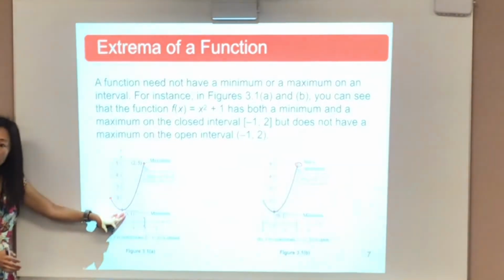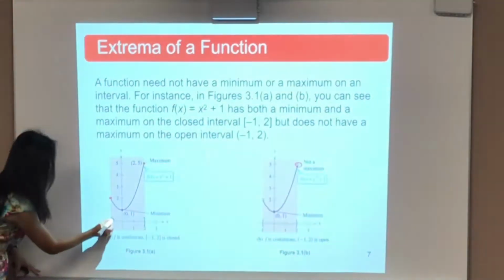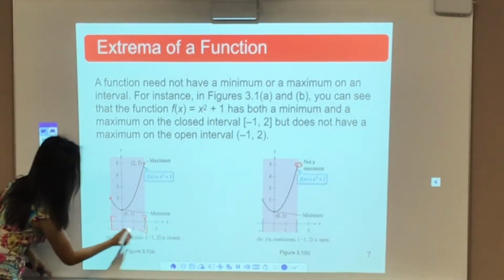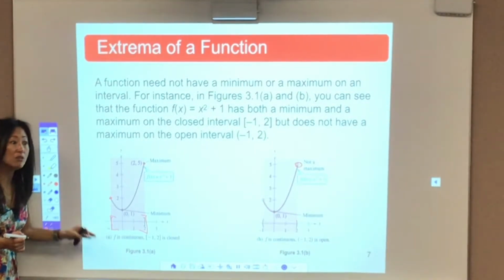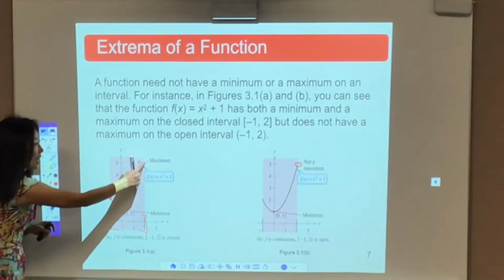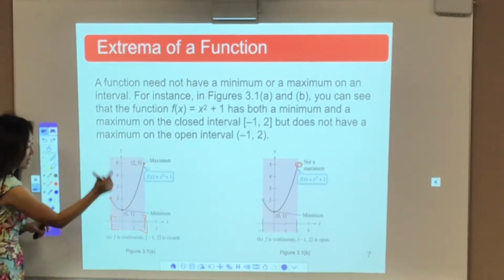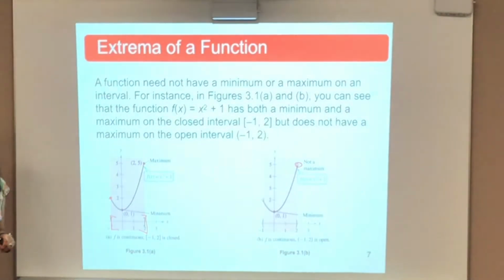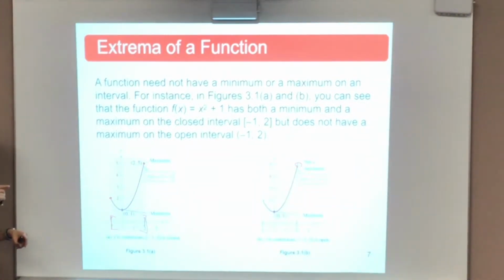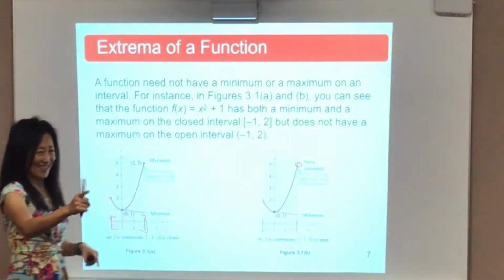Does everybody see the difference? This is a closed interval. Everybody with me? Right. On a closed interval, you look at the endpoints, and this endpoint has the maximum. So yes, you have a maximum and you have a minimum. Do you see the difference, class? Maximum, minimum? Are you following me, class? Colin, are you with me right now?